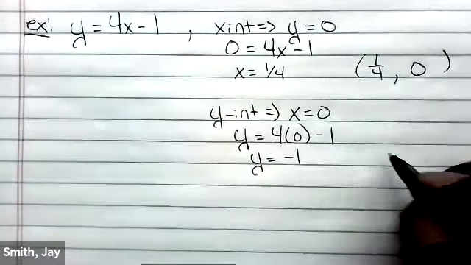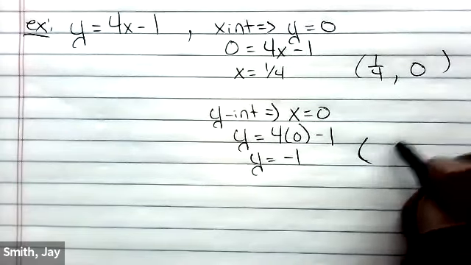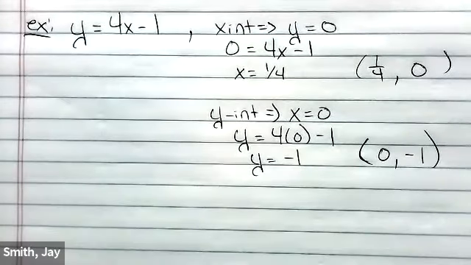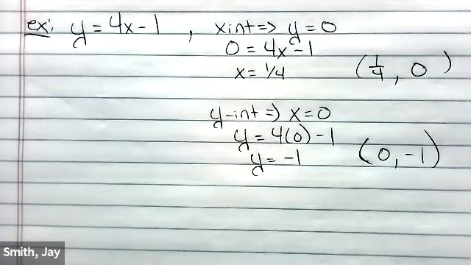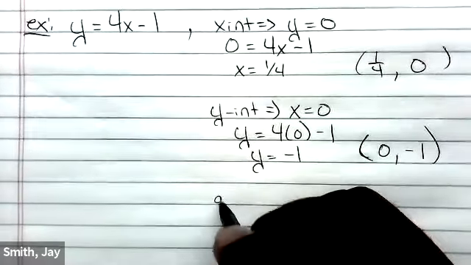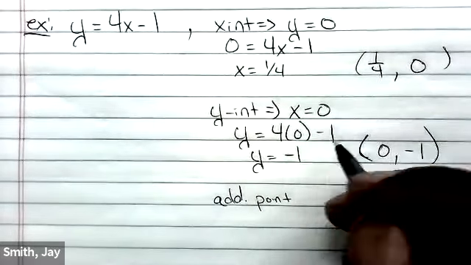That will be my y-intercept, more specifically, my ordered pair will be 0, -1. And lastly, for my additional point, I can just take my x to be equal to 1.